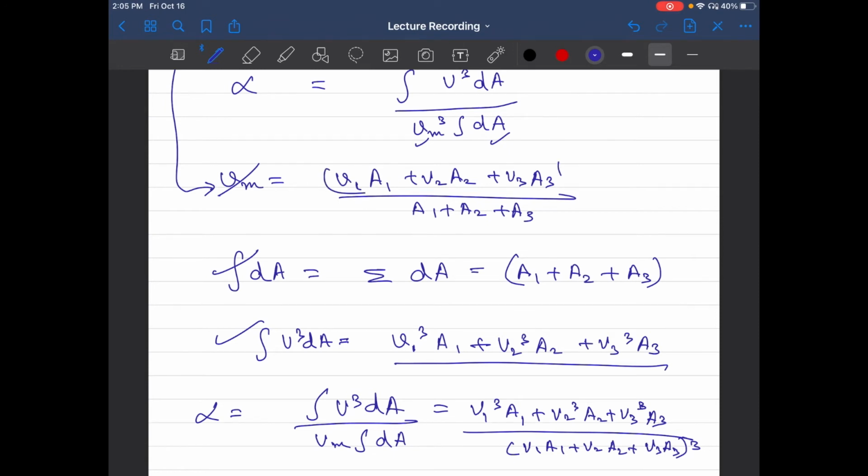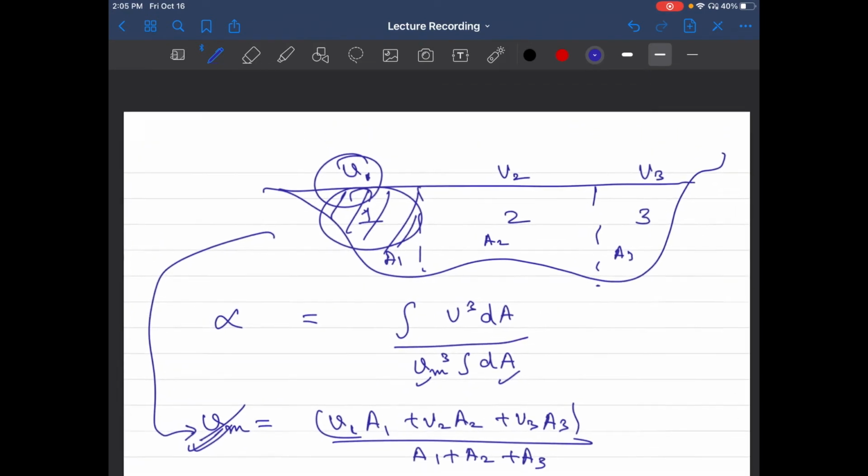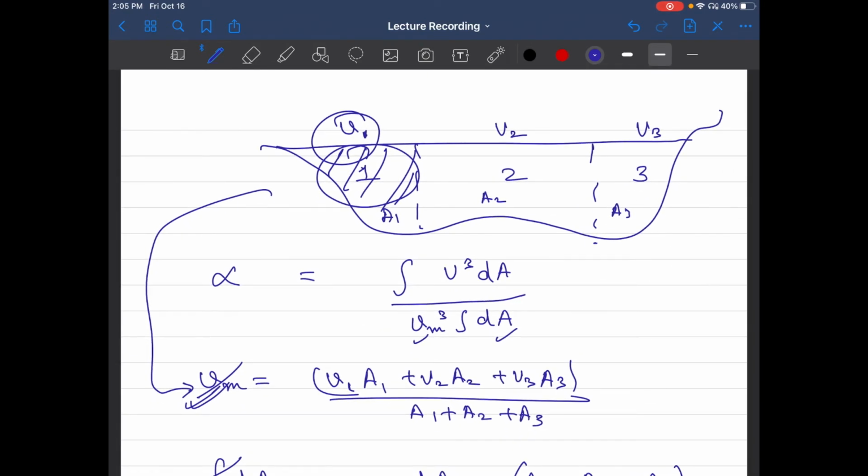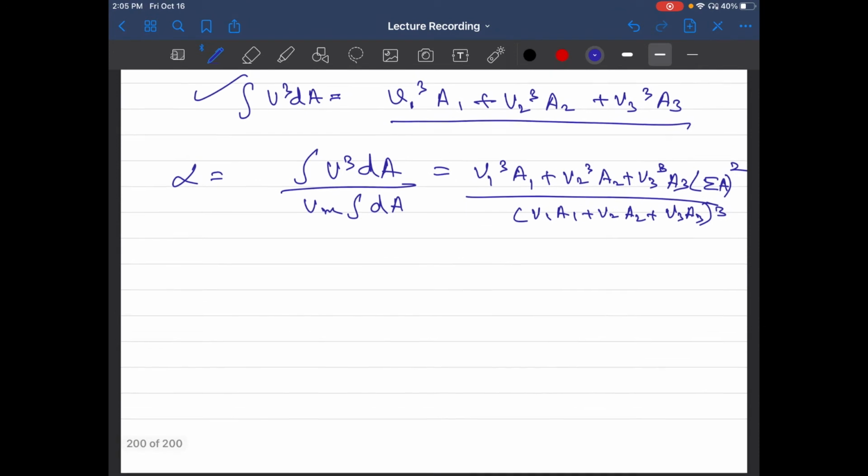That's where this becomes the cube of the numerator in Vm, multiplied by the summation of areas, and its square. So this is how we can interpret this alpha if we just look at a cross section and a relatively simpler distribution. If we really know how this velocity varies with respect to depth, we can use the exact analytical expression and again arrive at alpha.